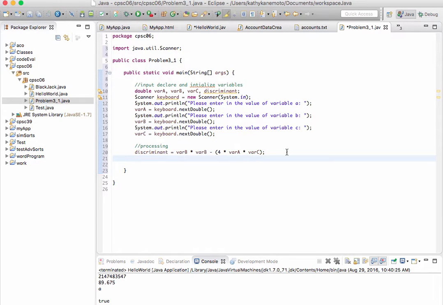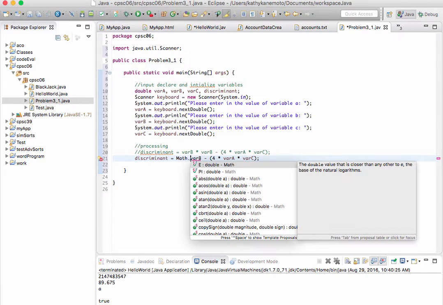Note another way to calculate this discriminant is to use a math function that you might have read about in your textbook. It is a known math function that will be a part of every programming language: the POW function. It's usually in a library called math in most programming languages.